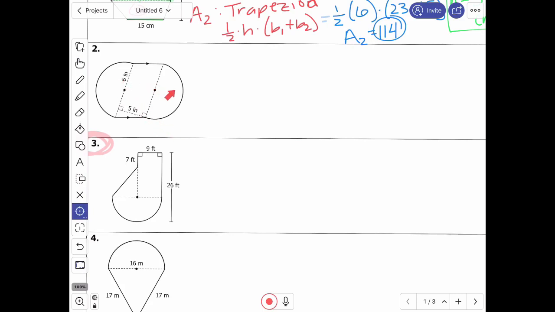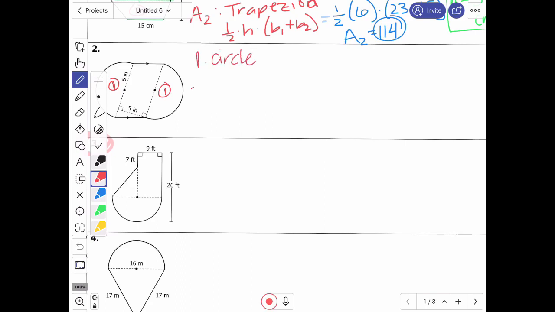Hint for number 2, before you try to turn it in: you would calculate this one with this, because together those would make a complete circle. So 1 would be a circle, and 2 is this portion, that would be a parallelogram.